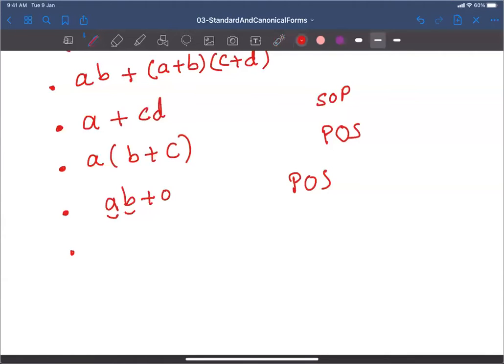It's similar to this one here, A or B. You can think of it as a sum of products or a product of sums as well, so it's exactly the same. So these are two fringe cases that you can think of, but the normal cases are these.